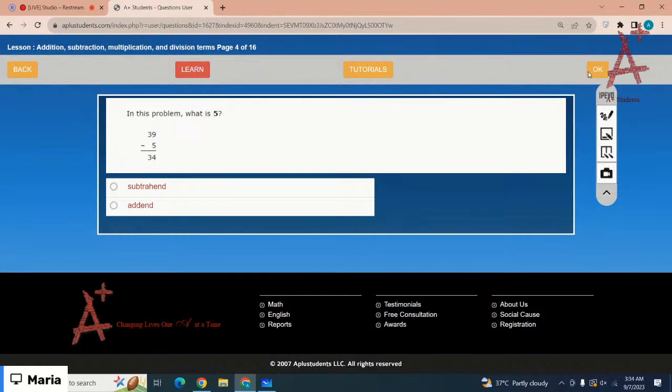So 5 is, because you're subtracting 5, the number that you are subtracting is subtrahend, right? The correct option is subtrahend. The smaller number, the number you are subtracting, is subtrahend, and the number you are subtracting from is minuend. So your 5 is the number you are subtracting, so 5 is the subtrahend, right?